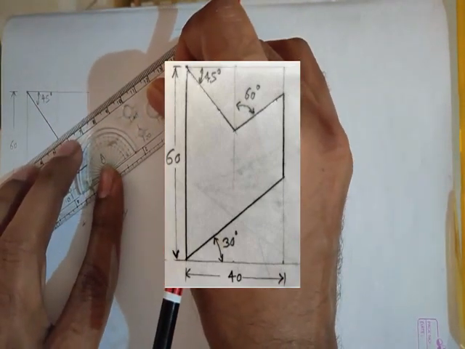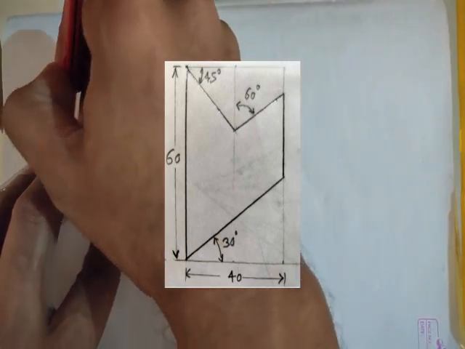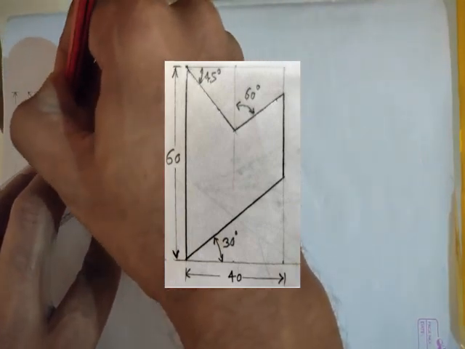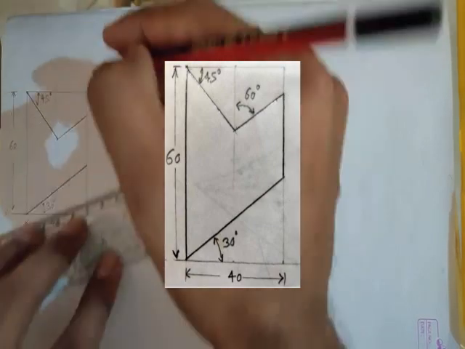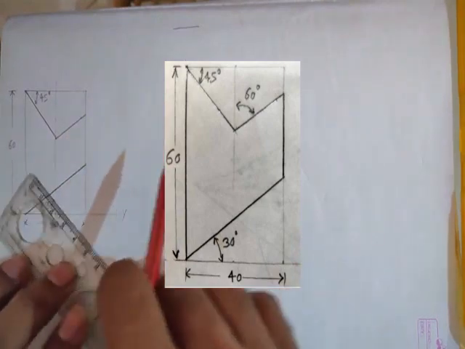So 60 degrees to the axis or 30 degrees to XY line. Yeah. So you have your three cutting planes.